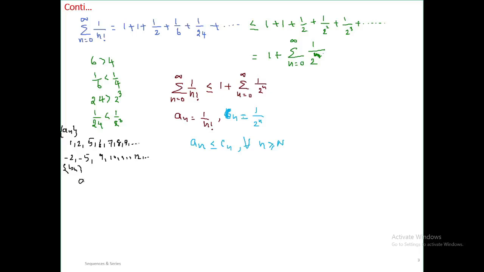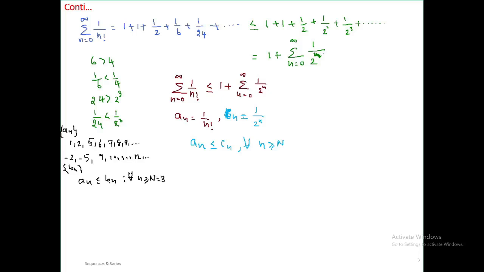Now can I say that an is less than or equal to bn? I cannot say, because 1 is not less than minus 2, right? The first term of an is 1, the first term of bn is minus 2, so 1 is not less than minus 2. Clearly 2 is not less than minus 5, but from the third term onwards 5 is less than 9 correct, 6 less than 10 correct, 7 less than 11 correct, 8 less than 12 correct. So it is true for all n more than or equal to capital N equal to 3 now.